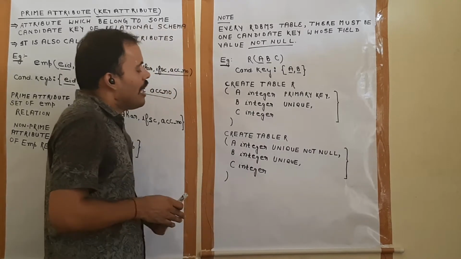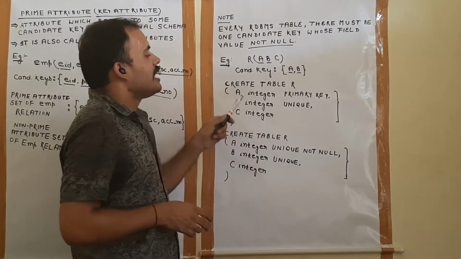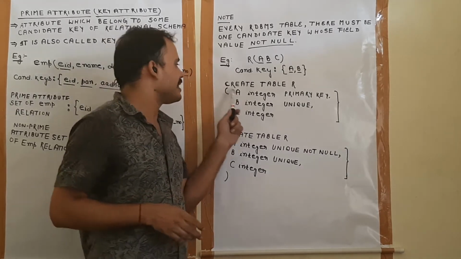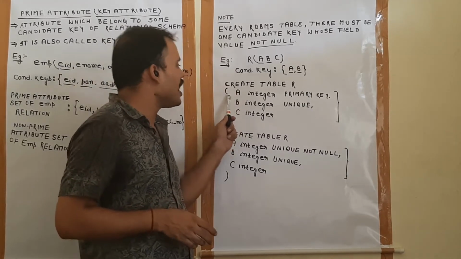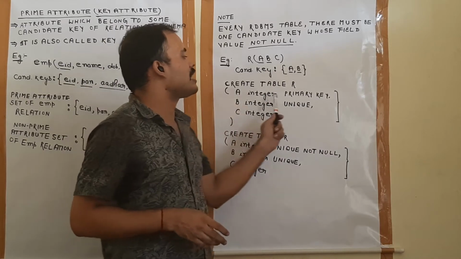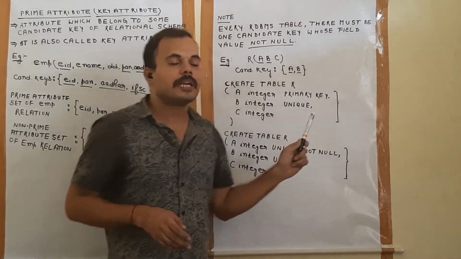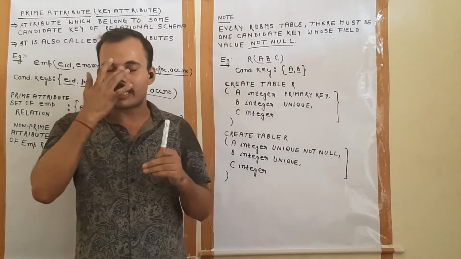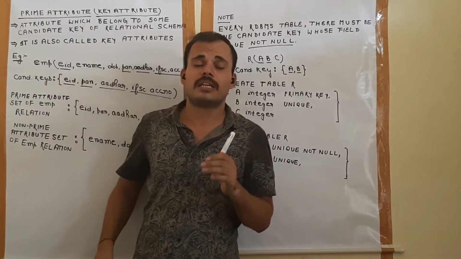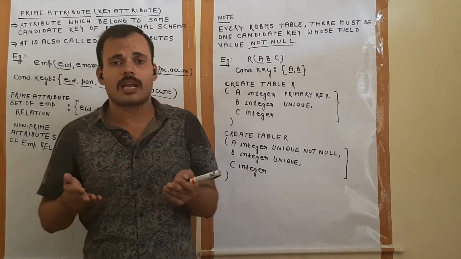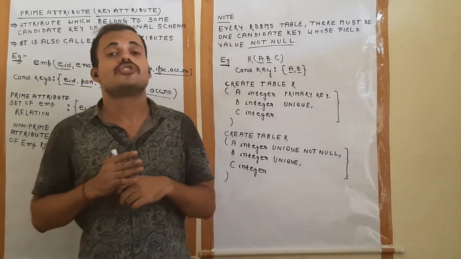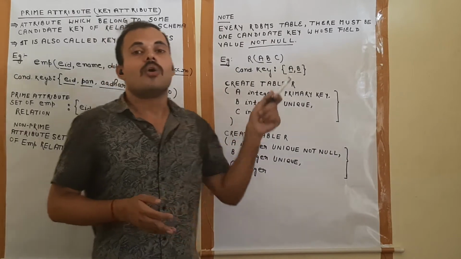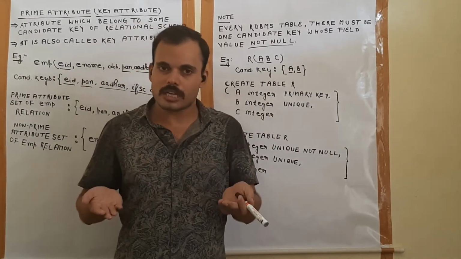So in this table there is a candidate key whose field value is not null, because A is a primary key. Primary key means a candidate key whose field values are not allowed nulls.